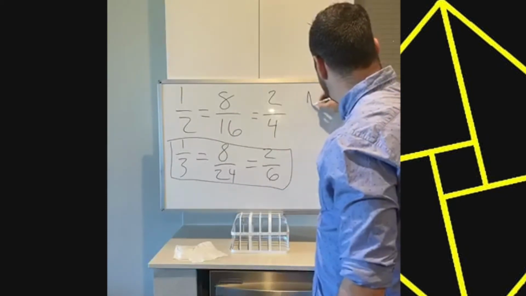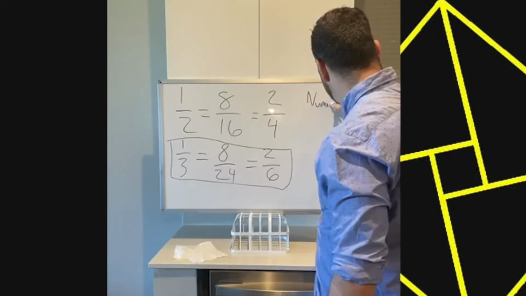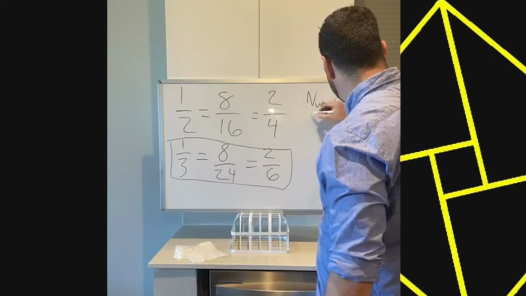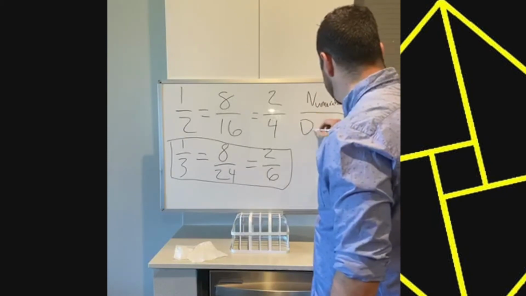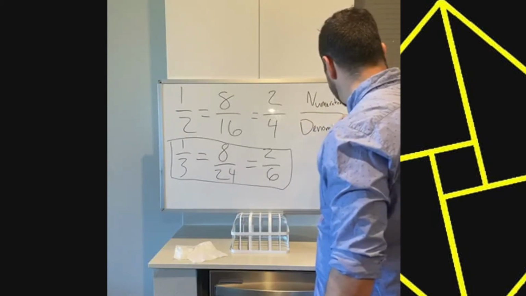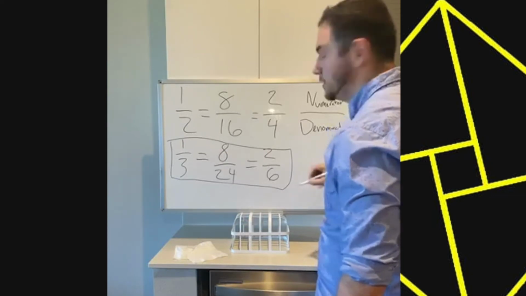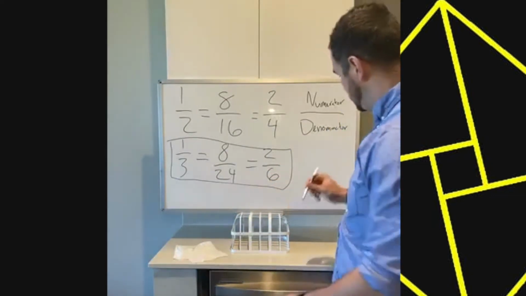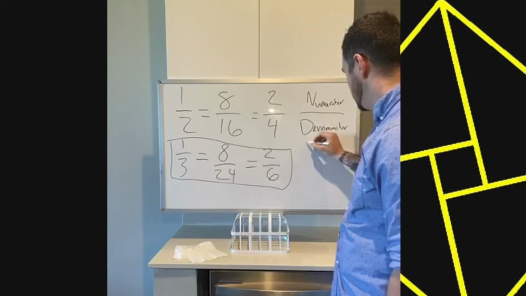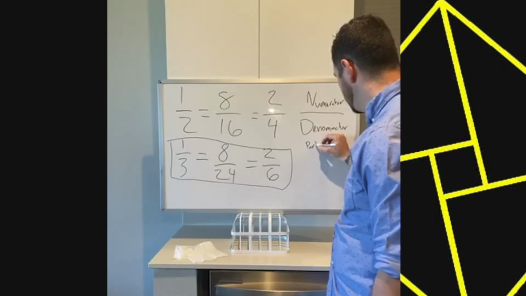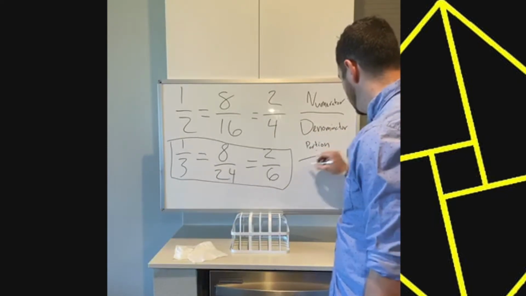So numerators go on top, you're going to want to write that down, and denominators go on bottom. And you'll recall as well, numerator is going to be portion, and denominator is going to be whole.